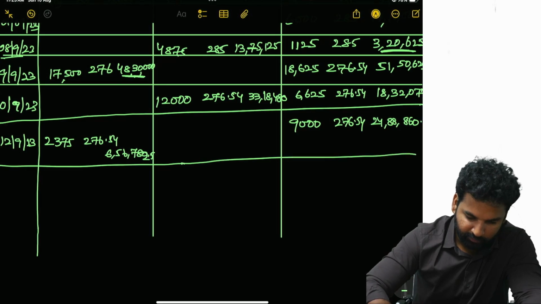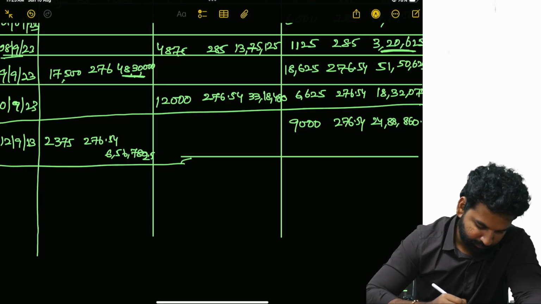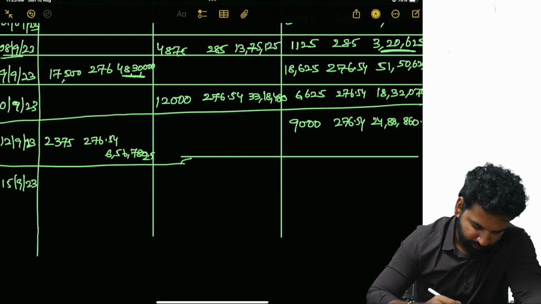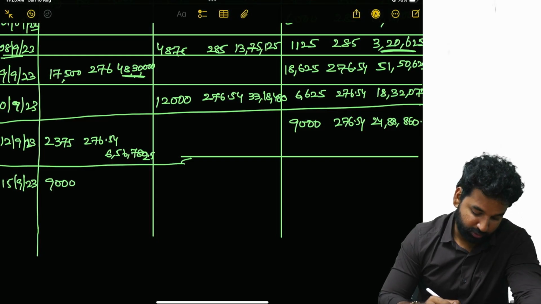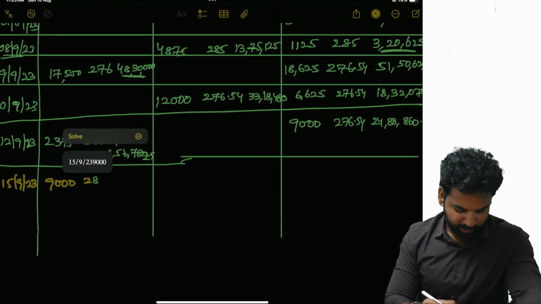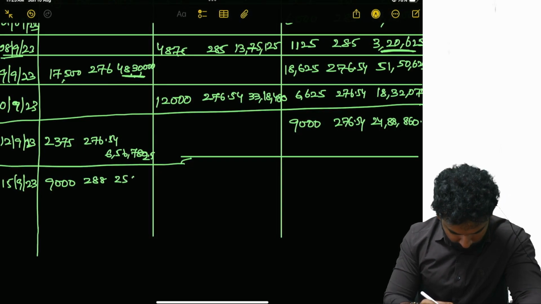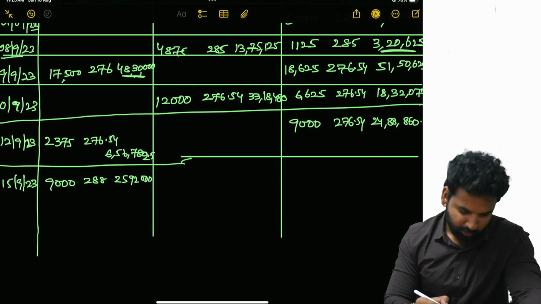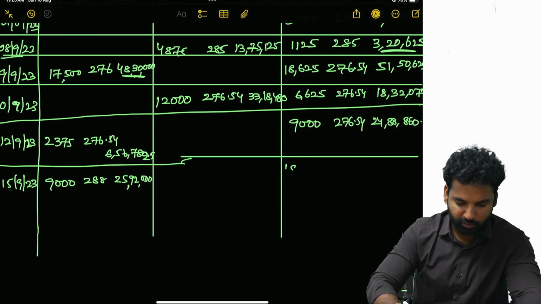Received on 15/9/23. How much? 9,000 units at rupees 288. Then what will be the cost? 25 lakh 92,000. So closing stock will be 18,000 units, correct? 9,000 plus 9,000.